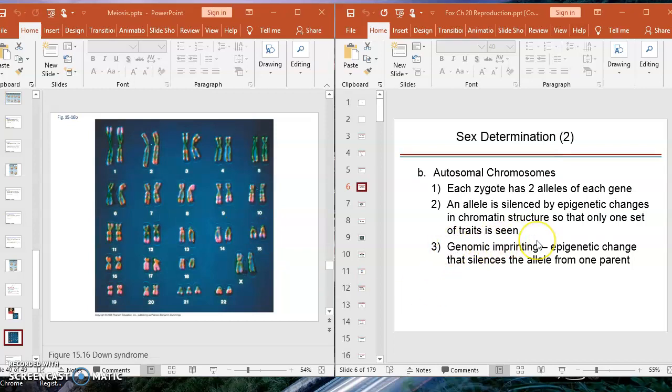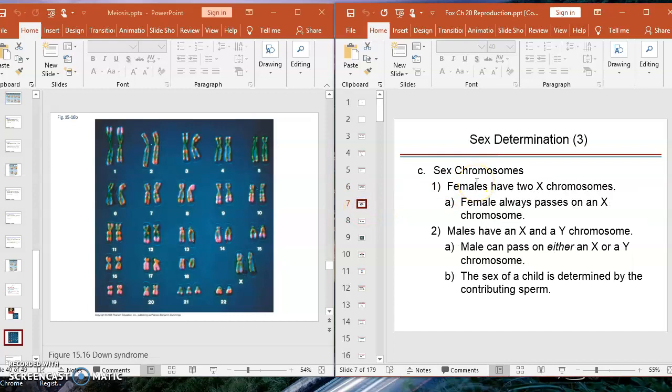Genomic imprinting is where a blocker is not removed, so it won't even be expressed in the offspring. Because with just regular silence, it could not be expressed in the individual itself, but could in the offspring, because you would have removed that in the zygote. So that's what we call genomic imprinting.